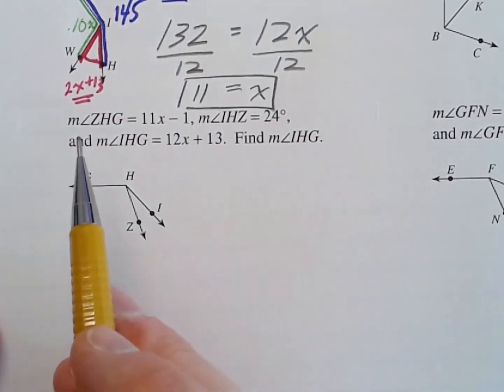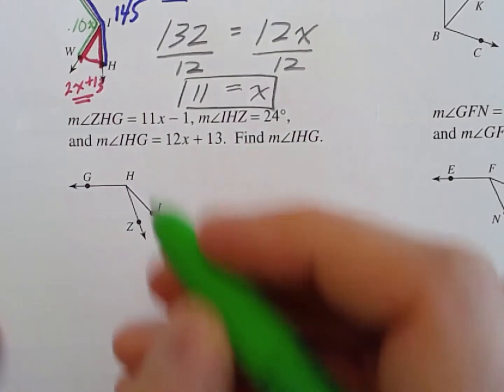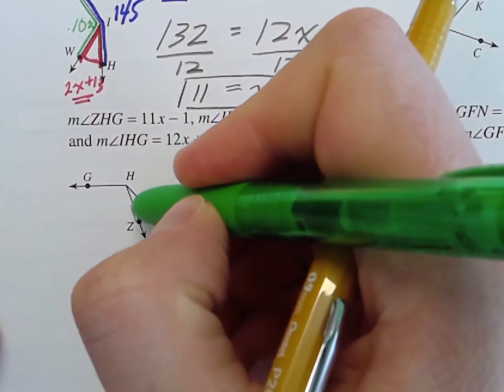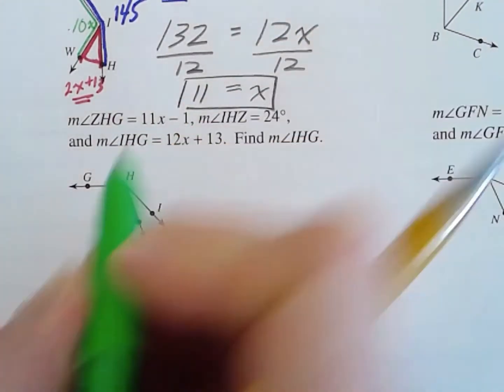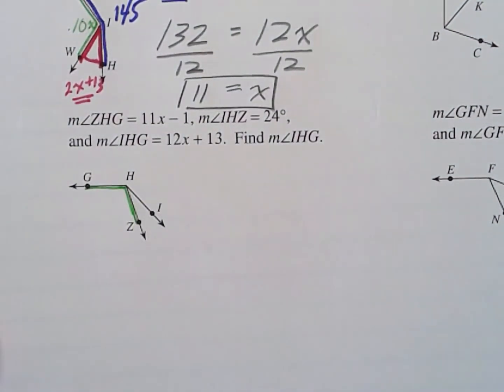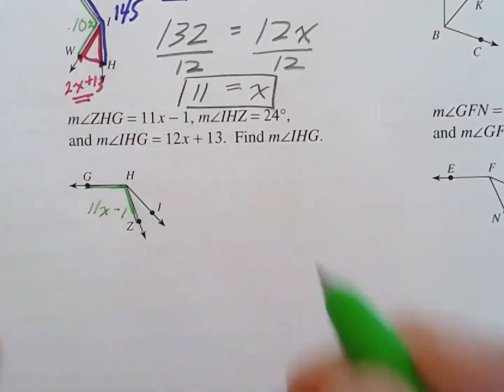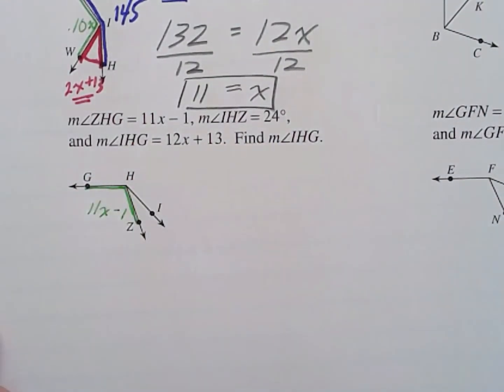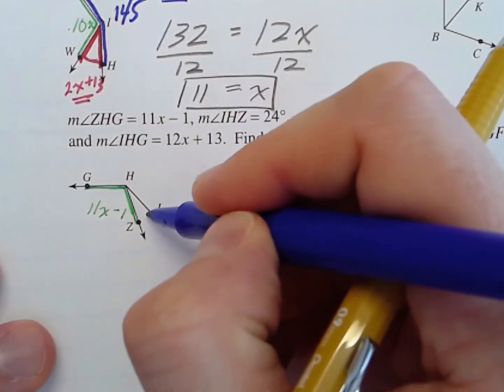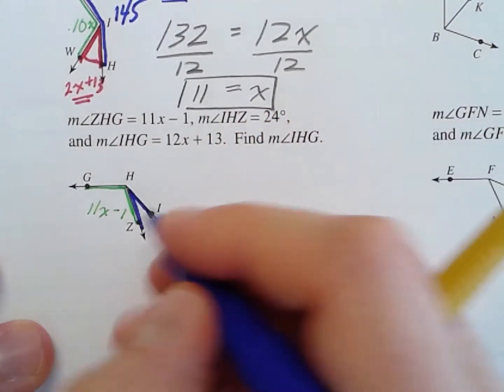So here we're told that the measure of ZHG is 11x minus 1. So this is 11x minus 1 right there. Okay. And IHZ right there is 24.